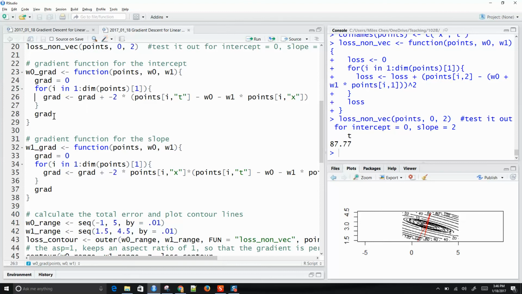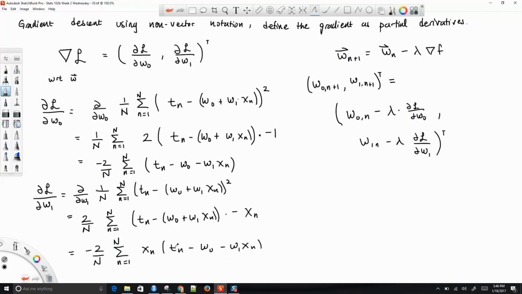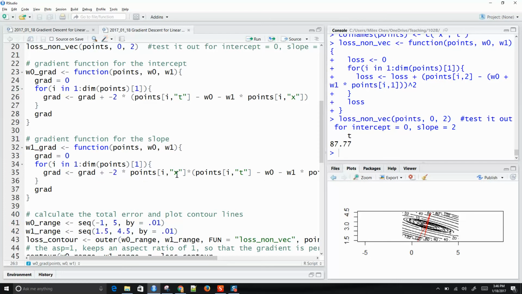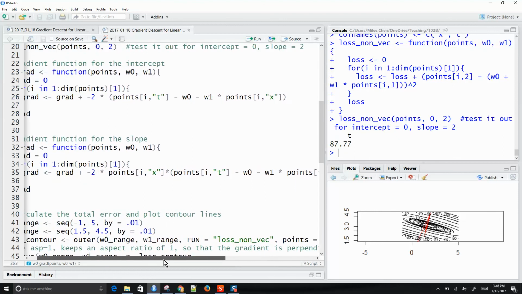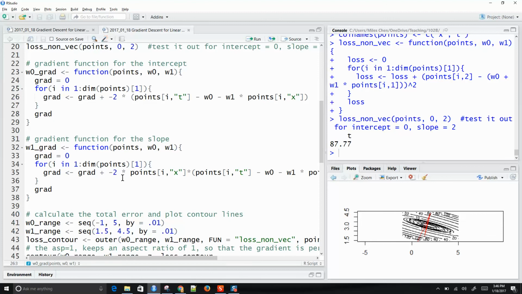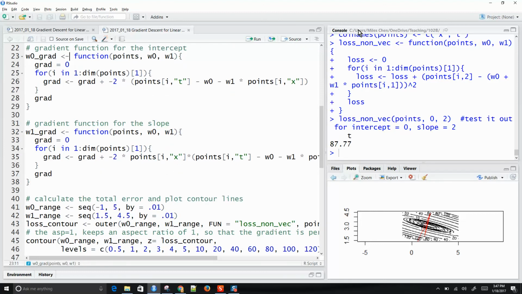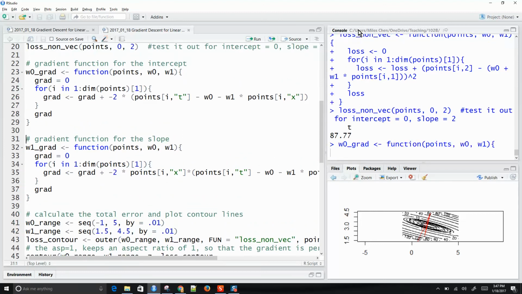We do the same thing for the partial with respect to W1, and that is x of n times Tn minus W0 minus W1 xn, which gives us the point x times t minus W0 minus W1 times x as we work through all of the points in our data. So that's how we calculate our W0 and our W1.